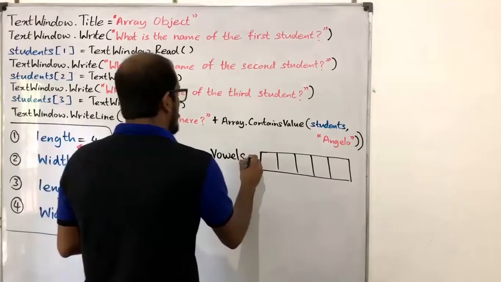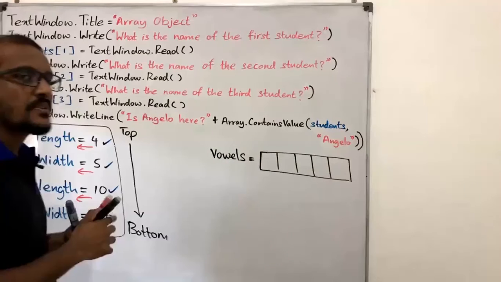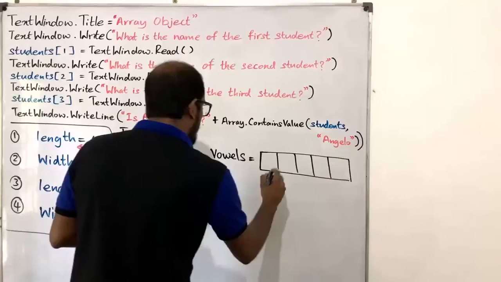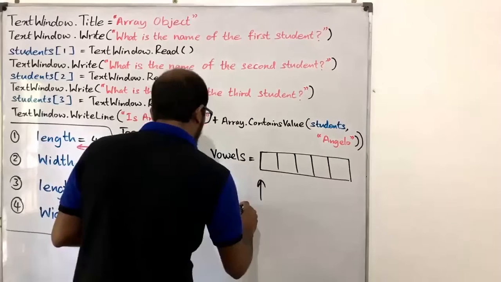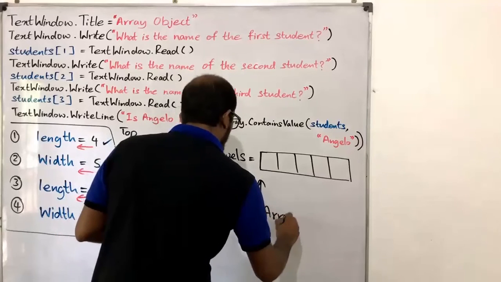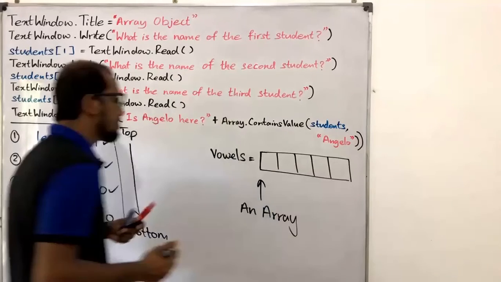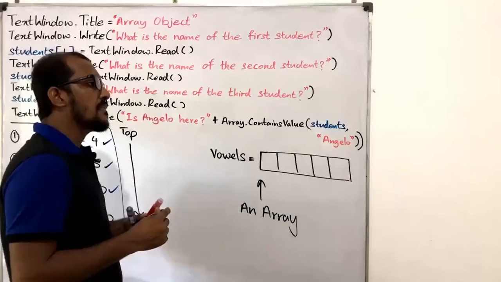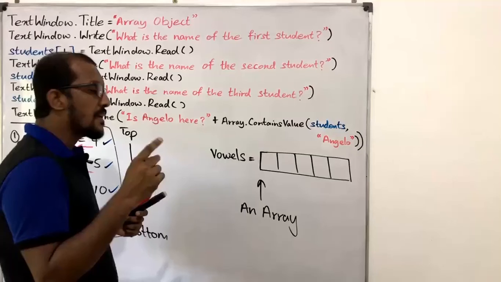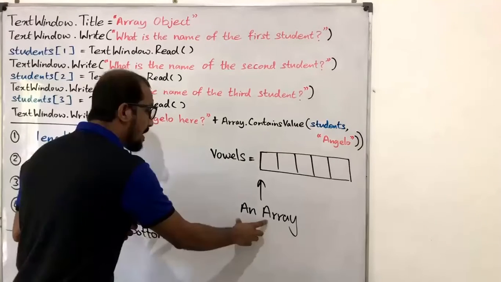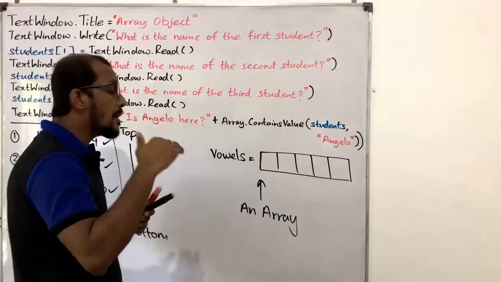So what is the difference between a variable and an array? These are called arrays. This is an array. When we are talking about variables, a variable can hold one value at a time, but an array can hold multiple values at a time.